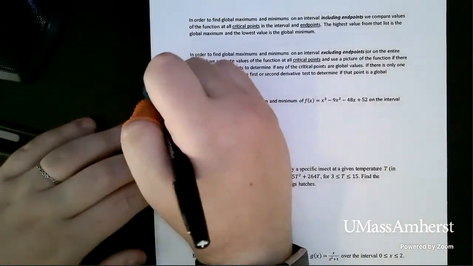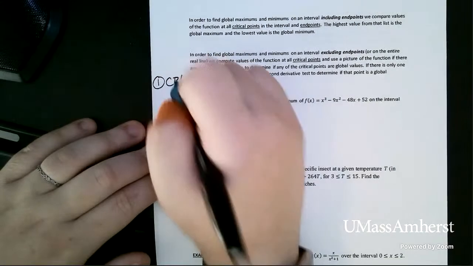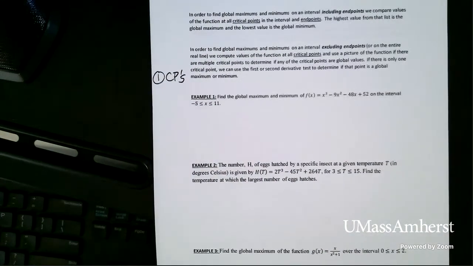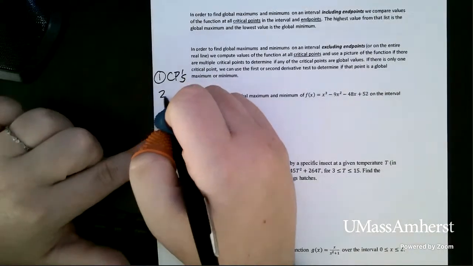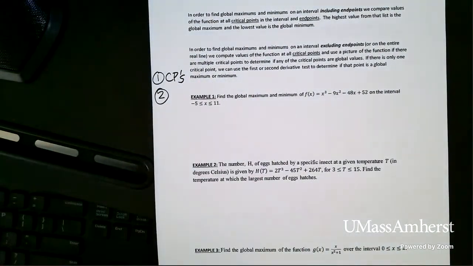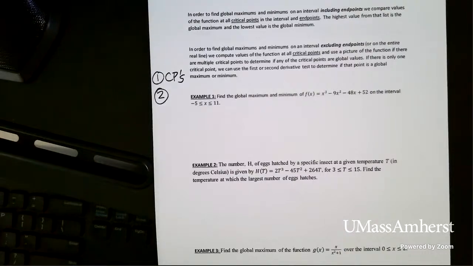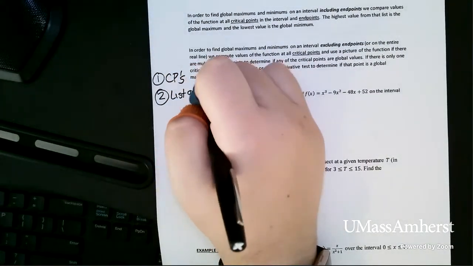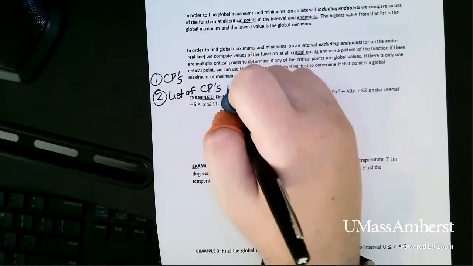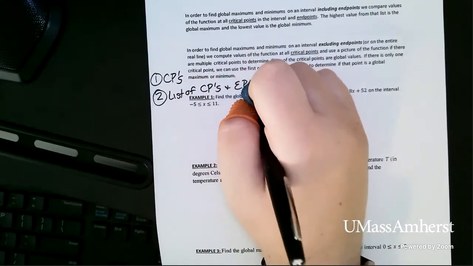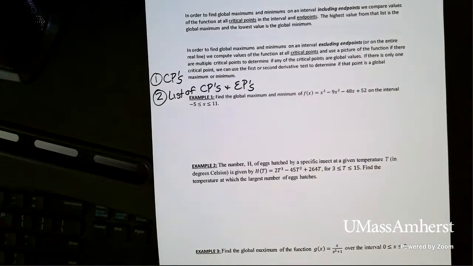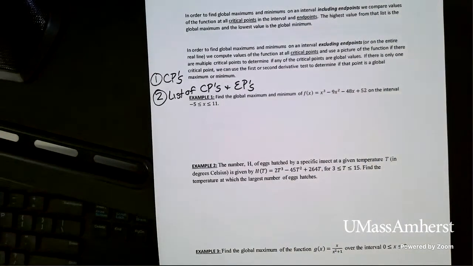Step 1, you find the critical points of your function. So whatever the function is, you figure out what the critical points are, okay? After you have your critical points, you are going to set up a list of critical points and endpoints. So x equals 1 and x equals 5 and x equals 7, whatever they are, right?